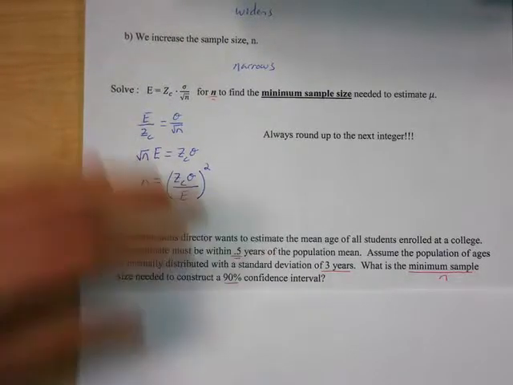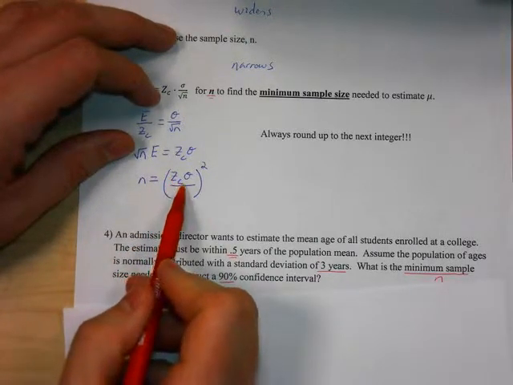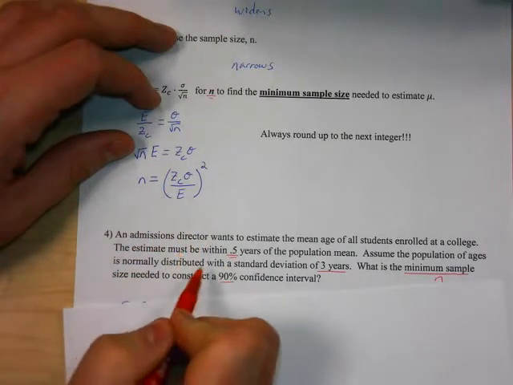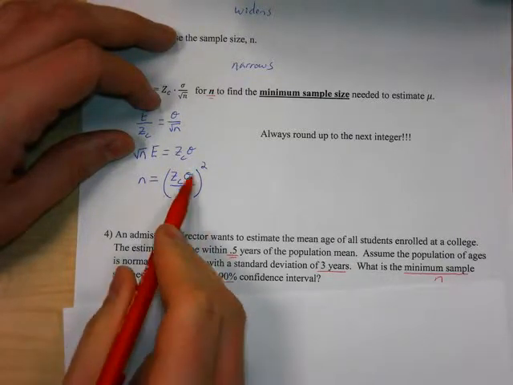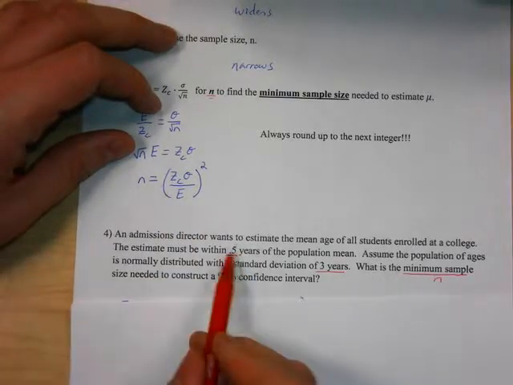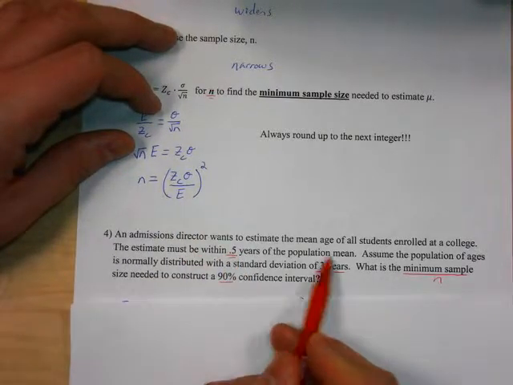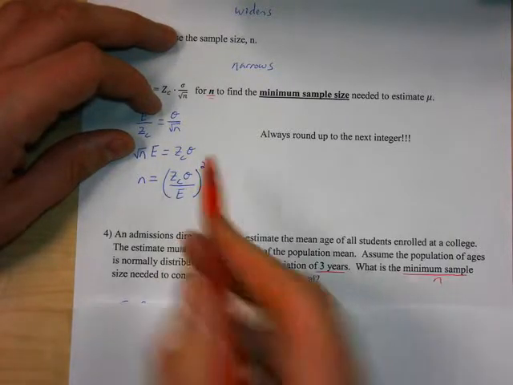Okay, so when you go through that, you identify the key values, and we're looking to fill into this formula right here. Z of c has to do with your 90% confidence level. Sigma is your standard deviation of 3 years. E is your margin of error, 0.5 years. To be within 0.5 years of the population mean, that means E, the margin of error, is 0.5, and you're going to square that.